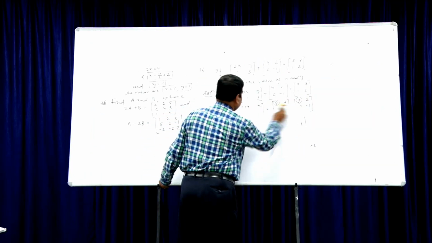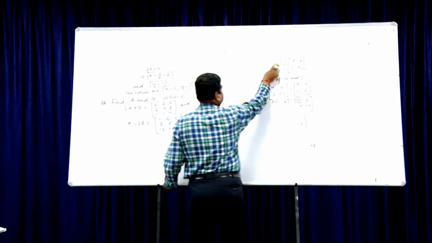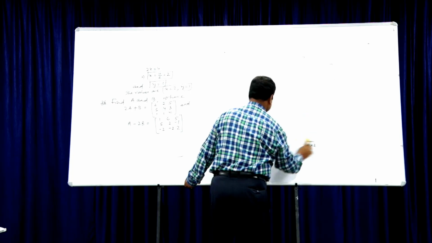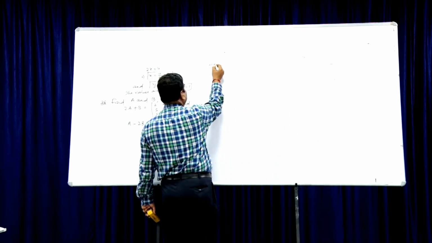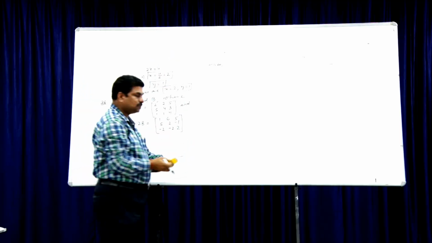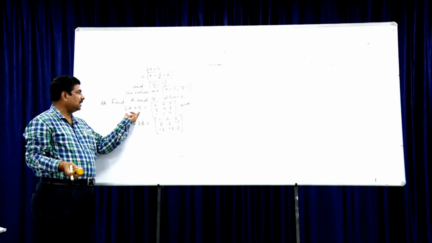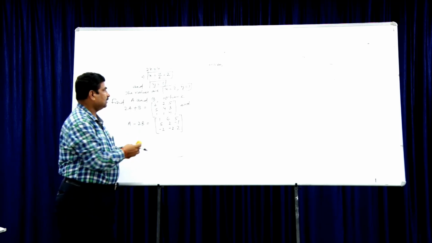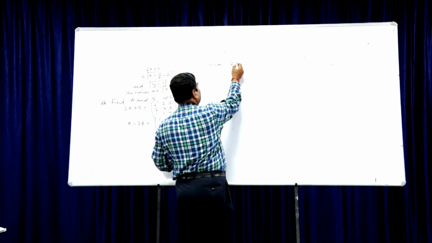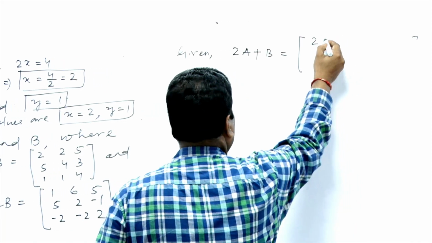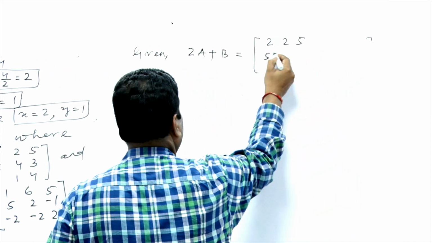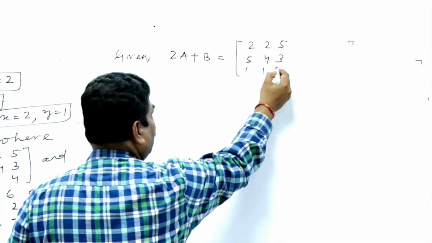First we write the given condition: 2A plus B is equal to [2 2 5; 5 4 3; 1 1 4].